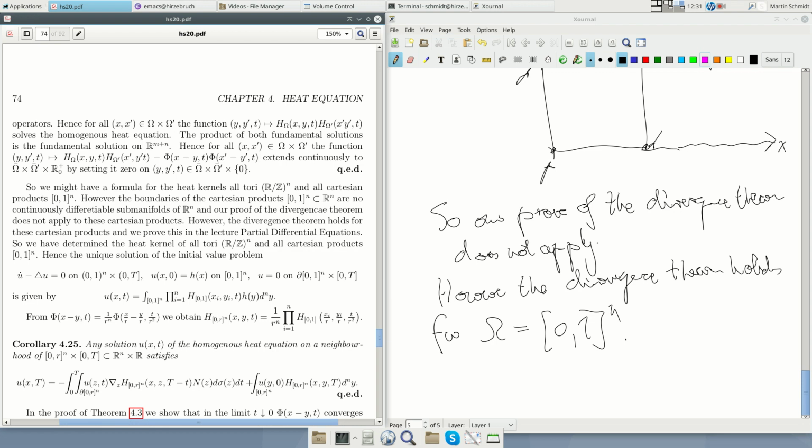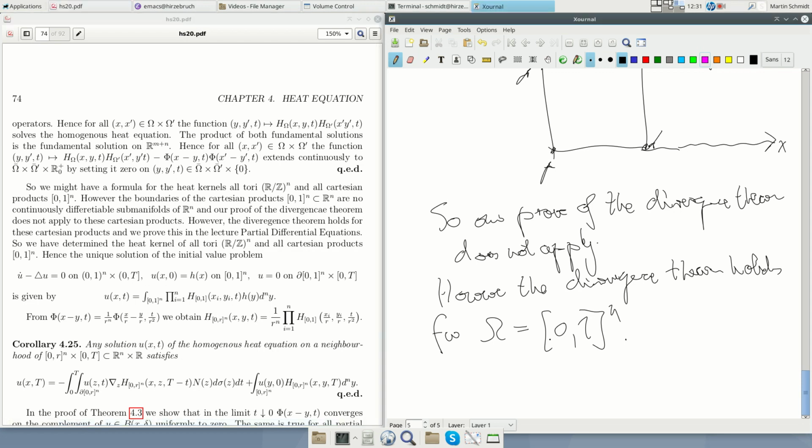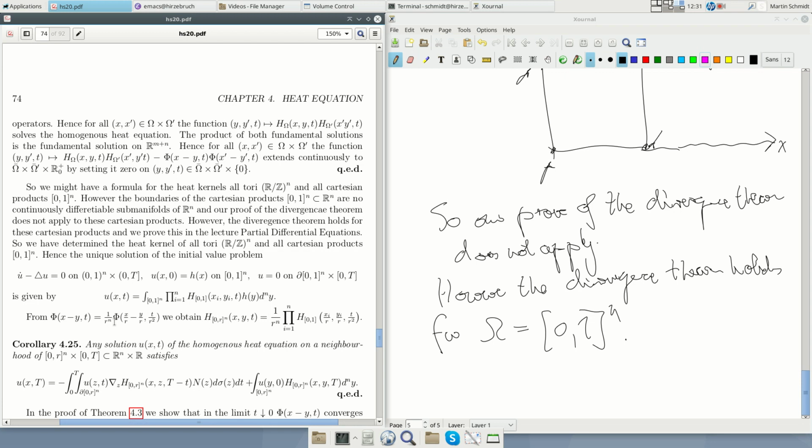Okay, and now it's easy to write this down by the transformation. If we remember that the heat kernel, the fundamental solution, is rescaled in this way, then only the prefactor changes. We have this property with respect to rescaling.